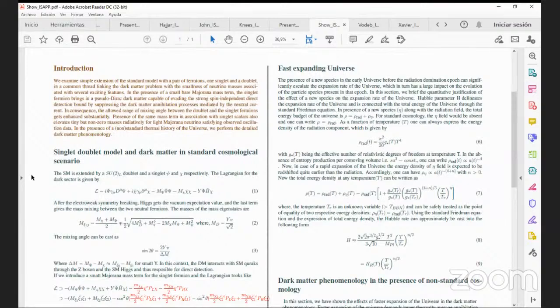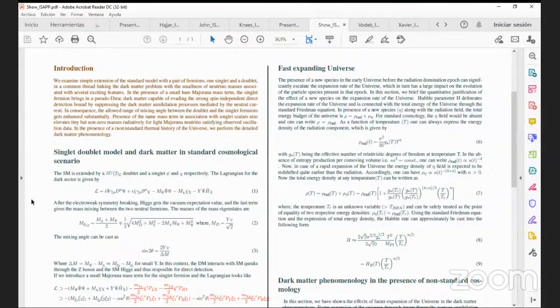let's discuss the model part. So here, to incorporate dark matter, we are extending our standard model by an SU(2) doublet, and equation 1 is presented here, giving the Lagrangian for the BSM fields.